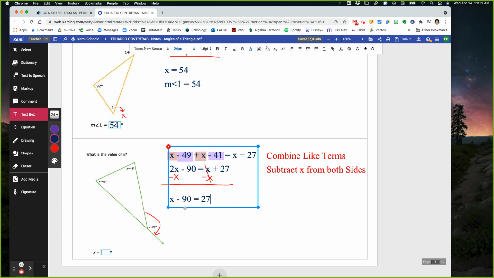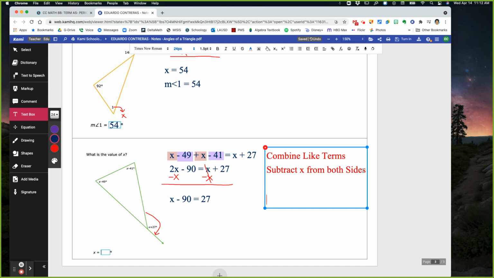All I have to do now is get rid of this minus 90. And to do that, I have to explain my step here. Add 90 to both sides. Okay, so I have to add 90 to both sides.